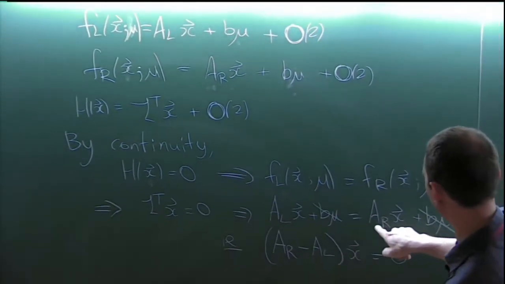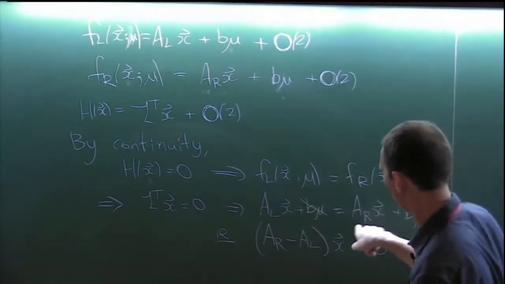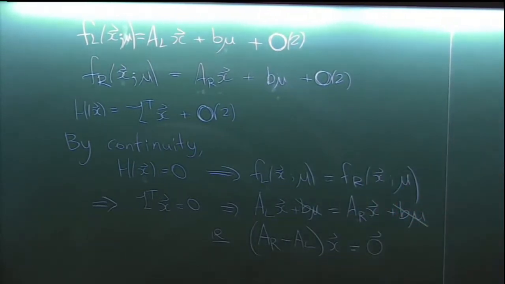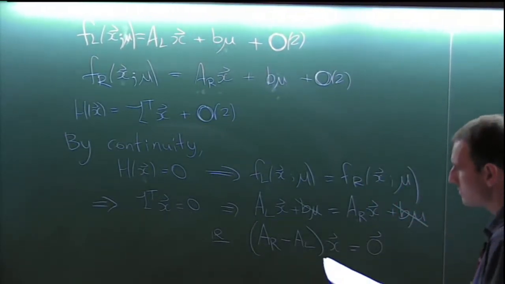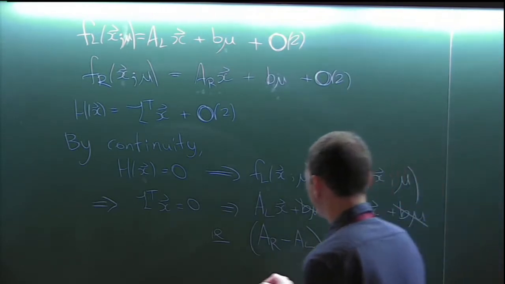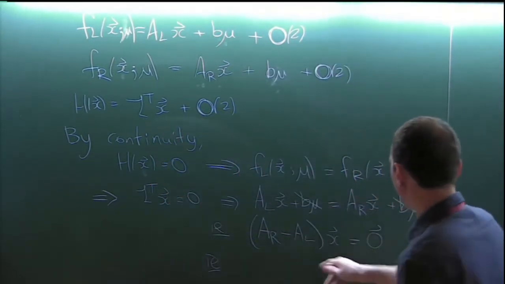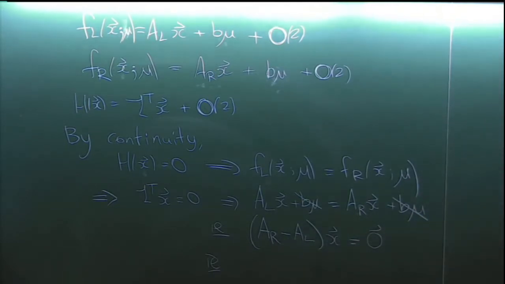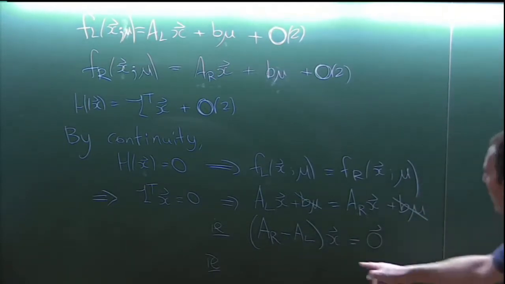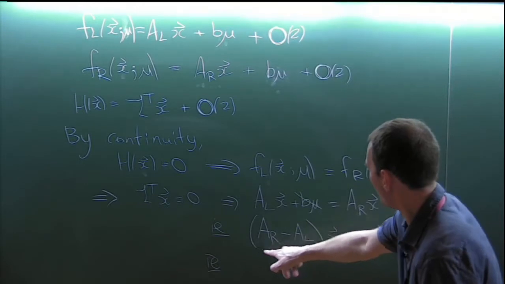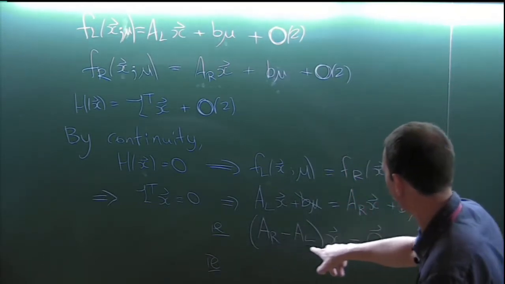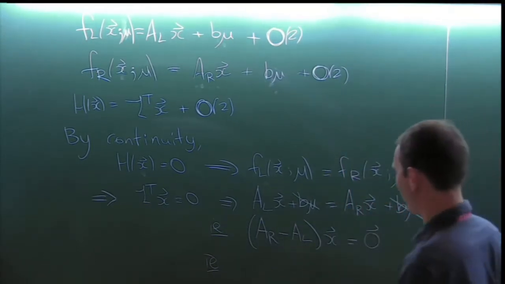I can rearrange and factor out the vector x. So what does this equation mean? It means that every row of this difference is orthogonal to the vector x.